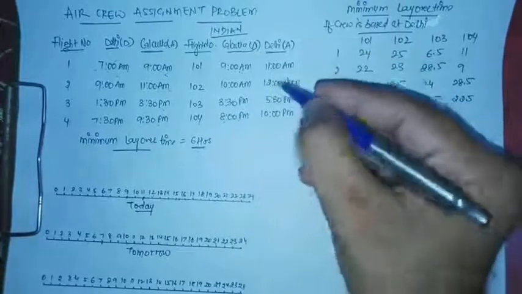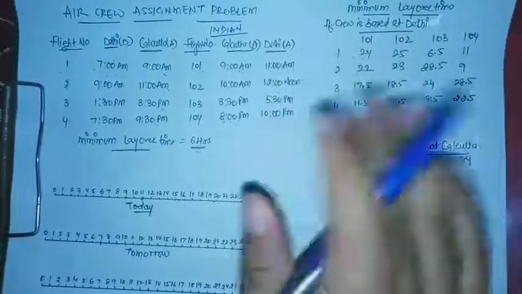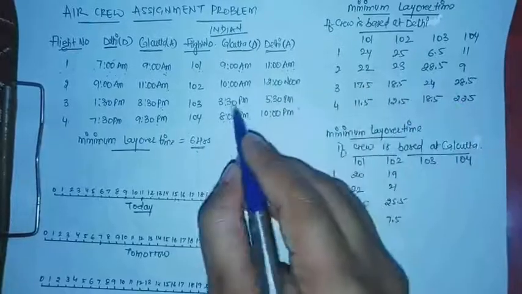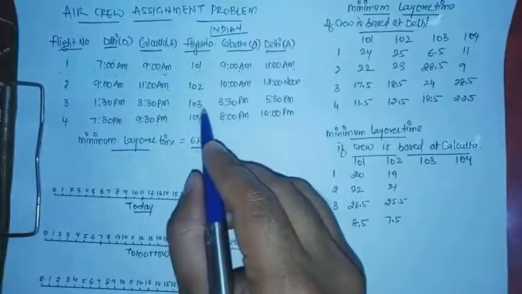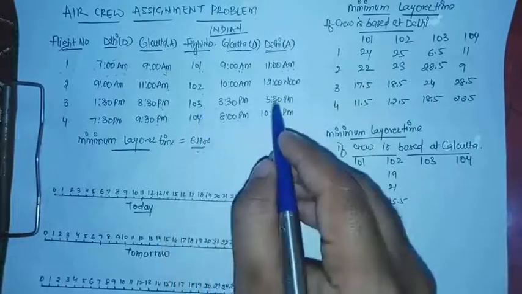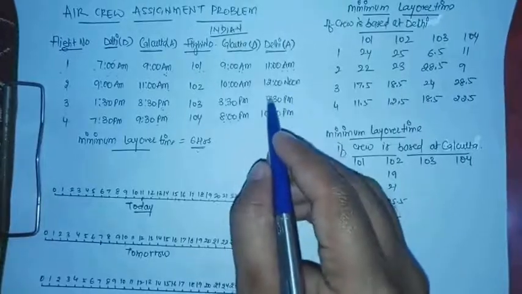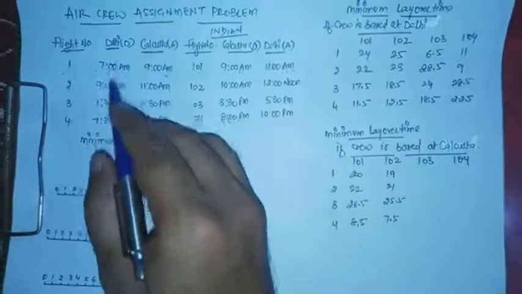Because the difference between 12 and 5:30 is 5.5 hours, the crew members arriving in flight number 103 will have 5.5 hours less time to move in these flights.